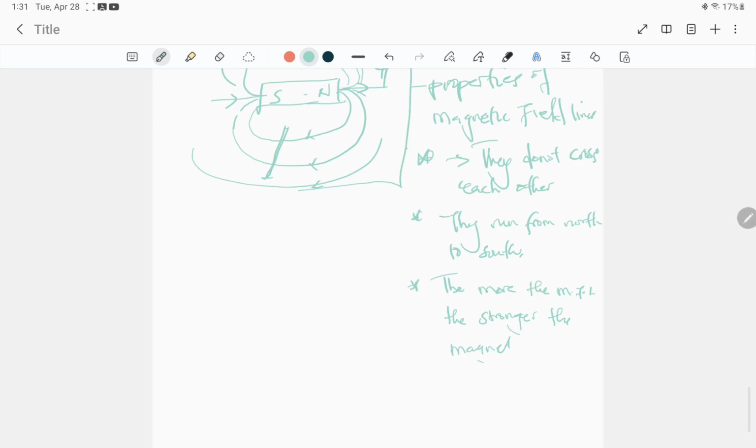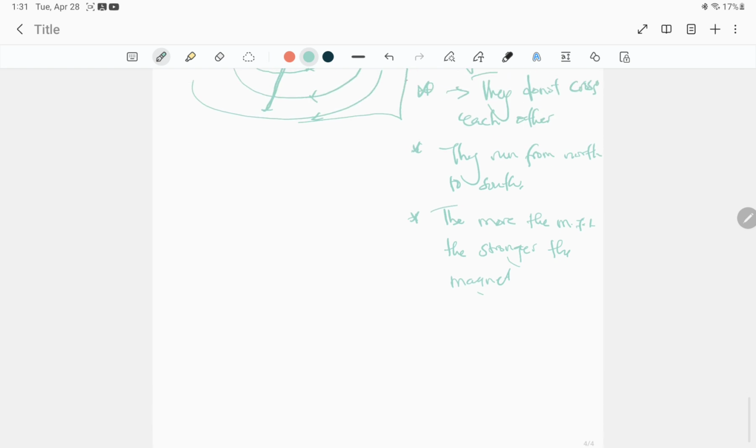So how do they behave when they come into contact with other magnets? Let's say we have this north south, and we also have another magnet which is north south. If you look at these two magnets, you're going to discover that the magnetic field lines will start moving from north coming to south like this.